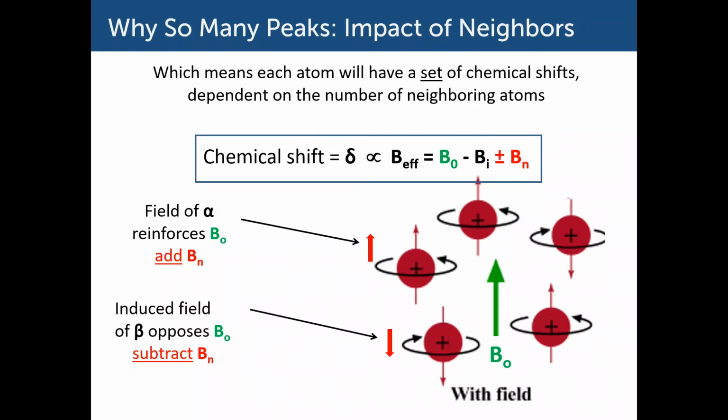That's going to move us around pretty substantially on our x-axis because of differences in electron density, as you've seen pretty substantially already in this unit. And then our effective neighbors is quite small relative to these other 2 terms, and so we're just making small adjustments based on B sub n and whether we're adding or subtracting, which is why we were seeing that clustering effect in the spectra we saw to start this video.